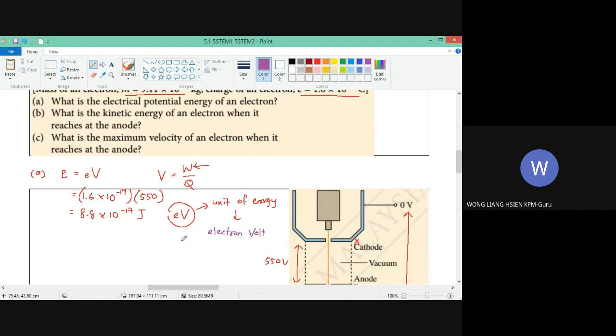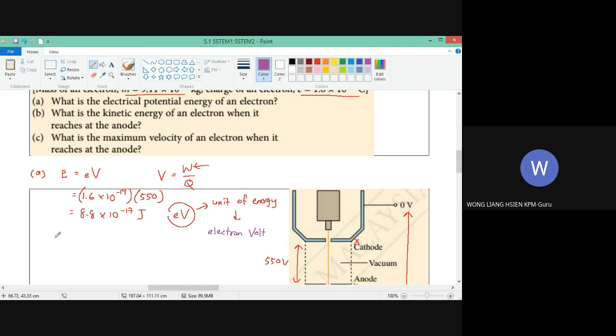That is the context of how we use the unit of electron volt, when you want to tell people that this energy is the amount of energy inside the charge of one electron. All right.